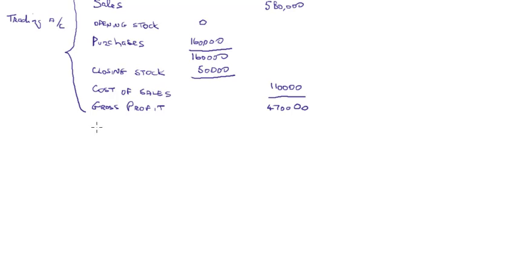One is if there's any other income coming into the company, some subsidiary income, like maybe rental income or deposit interest or discounts received, things like that. We would put that in and refer to it as other income, and we'd add it on to the gross profit. But in this case, there's no other income, so we're just going to go straight on to the expenses. So we see what are the expenses of this business in this year.